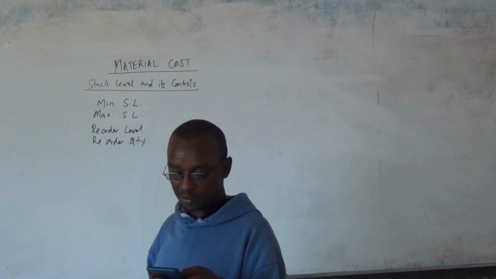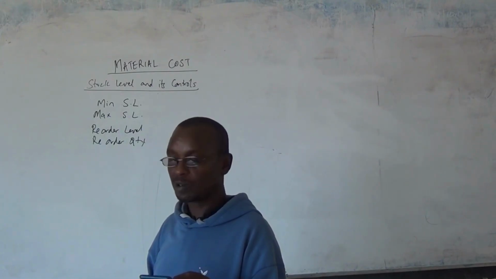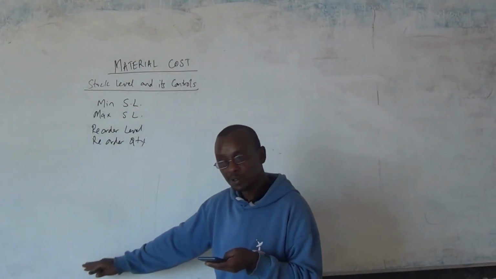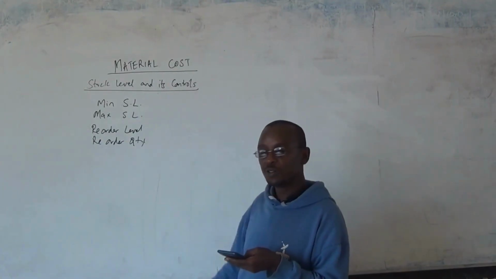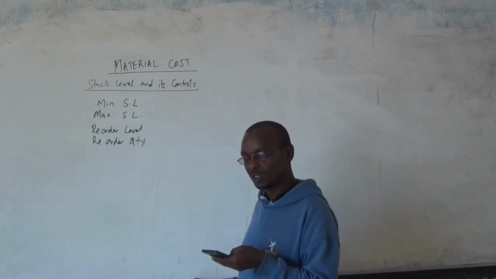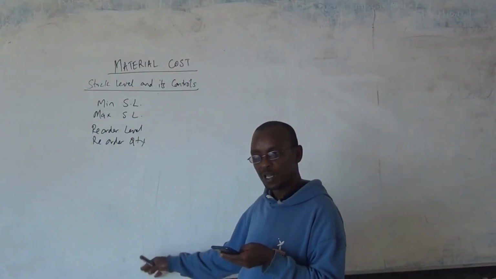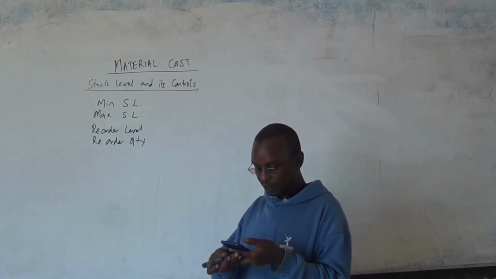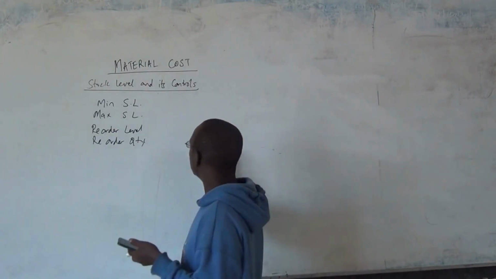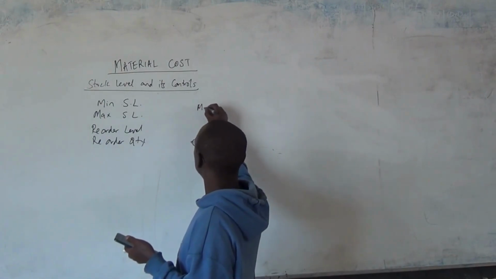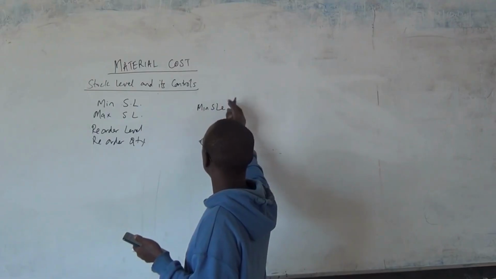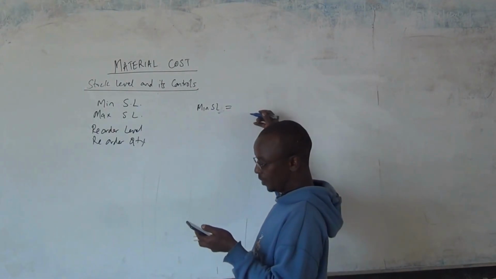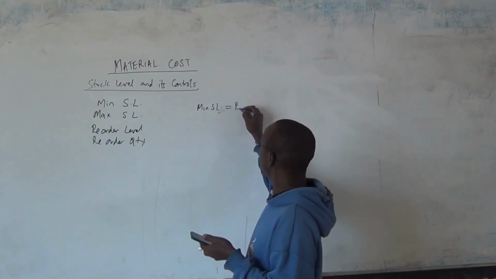So it is essential to base the stock level. You need to know the minimum stock level, that you should not go below this level. If you want to set your level at 100 units, the minimum, we should not go below there. Okay? And this one is referred to as what? As a safety stock.